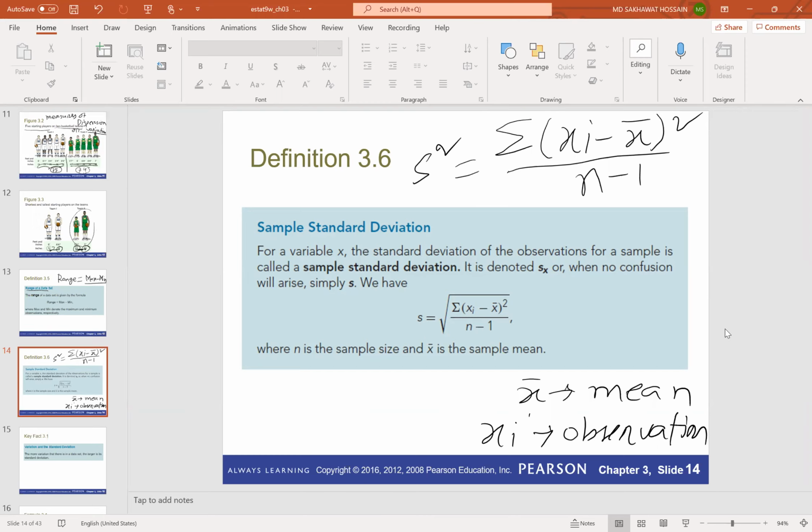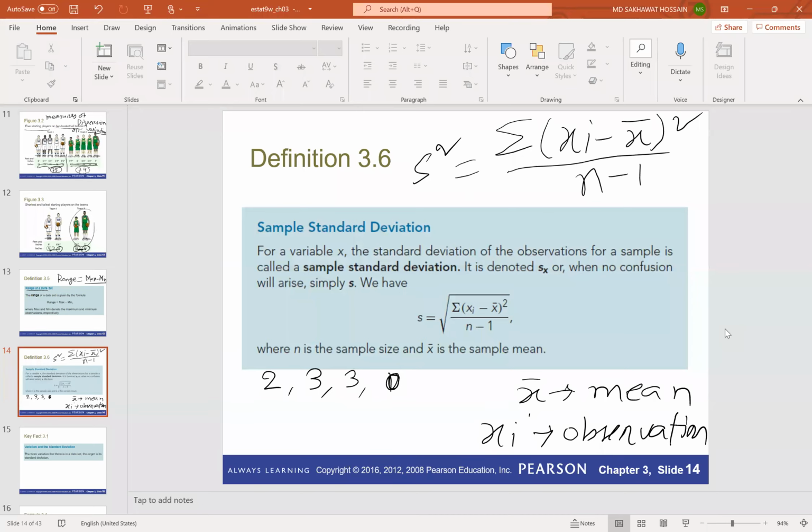For example, if we have four numbers, 2, 3, and maybe 0. Yeah, we have four numbers here.